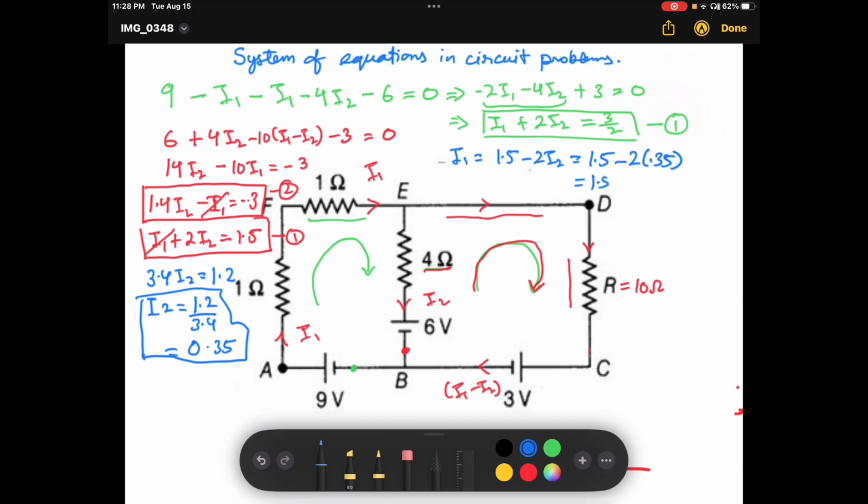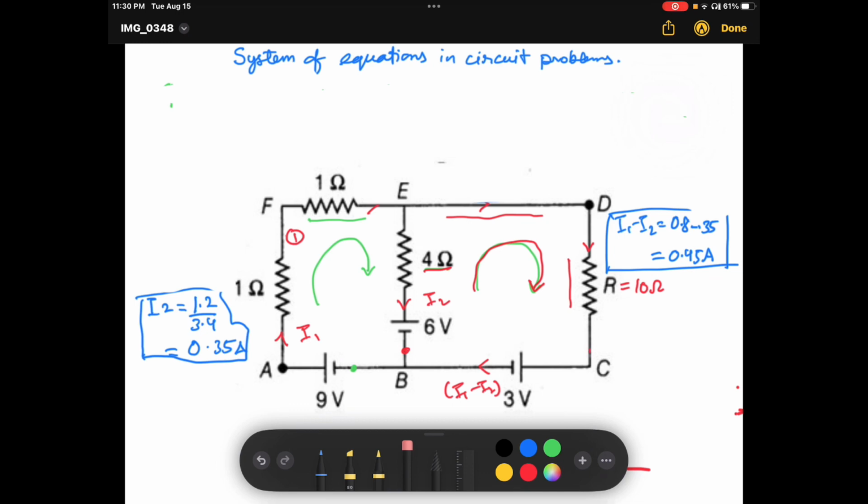So 1.5 minus, and this becomes 0.7. So the answer is 0.8. And then what is I1 minus I2? I1 minus I2 is 0.8 minus 0.35, which is 0.45 amperes. All these currents are measured in amperes. So those are our answers.